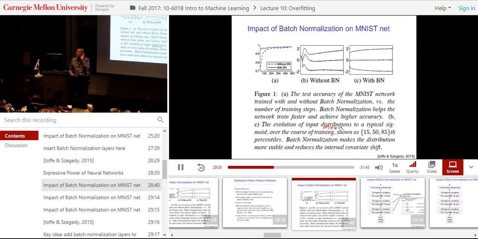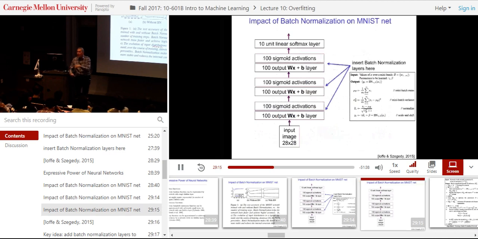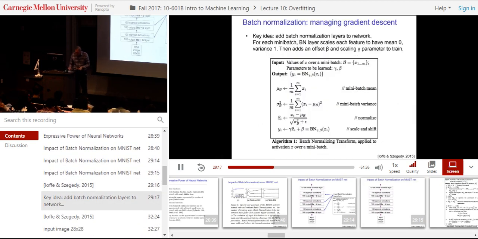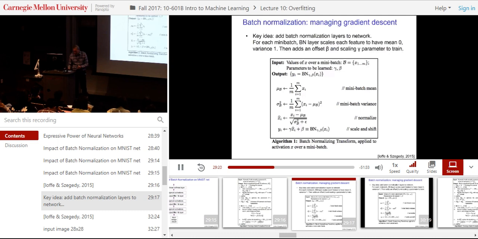Okay, so the question is, what really is the role of introducing that beta and that gamma here? And the answer is simply that depending on what's happening in the network, it might be a disadvantage to, for example, make all of these examples have mean 0.